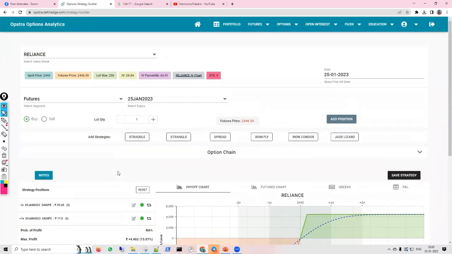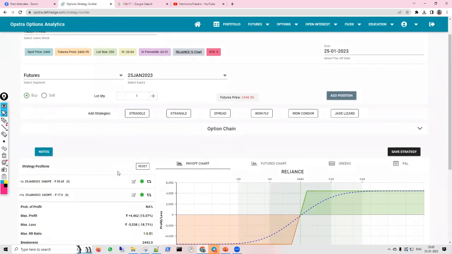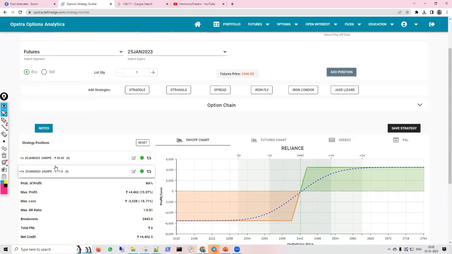So let us assume you are bullish on Reliance and initiating a put spread, a bull put spread. I'm selling the nearby put, and I'm buying the out-of-the-money put. Now the credit is nothing but 35 minus 17. That is going to be the credit.